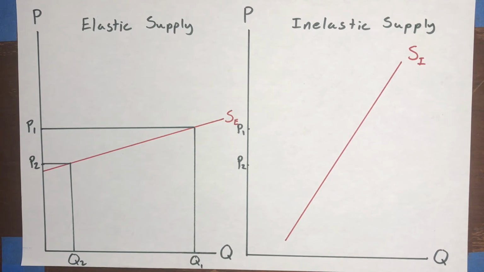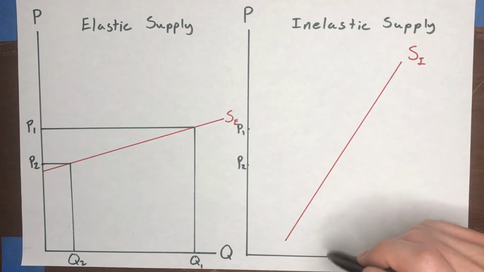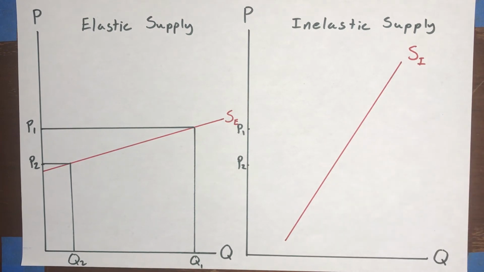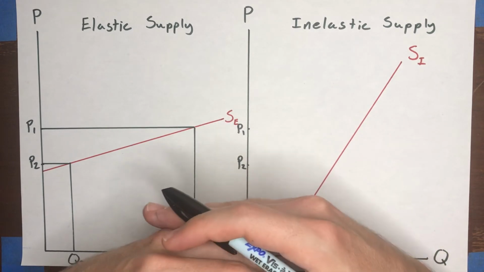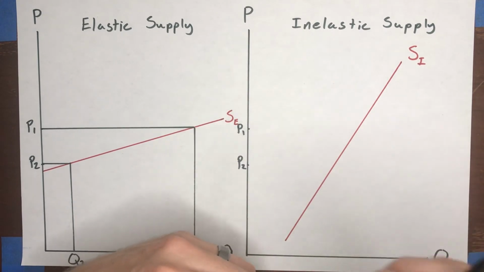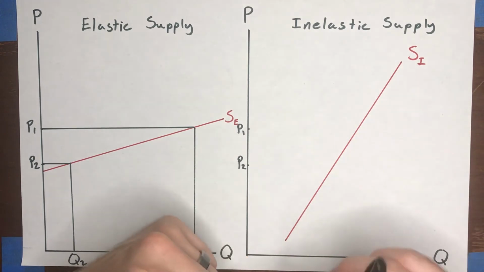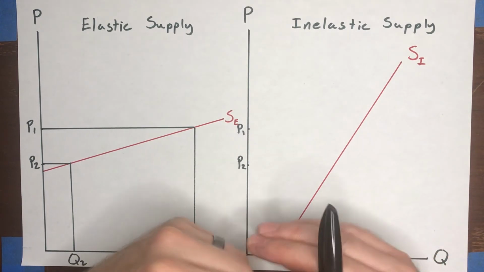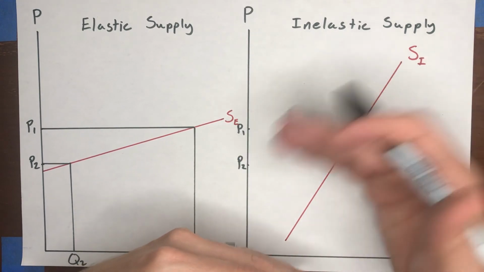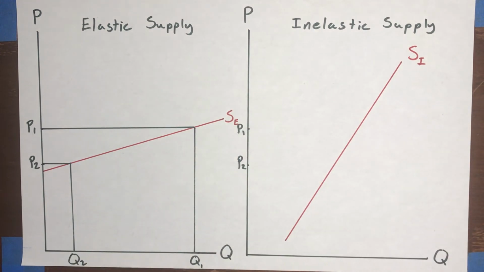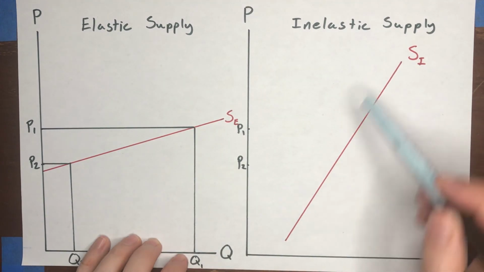So, for example, in California, it's very difficult when there's an increase in price of housing for sellers to put more housing onto the market because we have a lot of regulations, a lot of them environmental regulations in California that really stack up on developers and make it so that from the time a developer conceives of a set of houses that they would like to build, to the time that they actually finish construction and can sell those houses, it could take a decade. Okay, that's just how much red tape we have on production here in Southern California. So that's going to be a more inelastic supply curve.